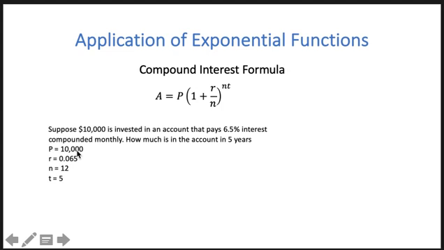That's our investment. The interest rate was 6.5%, written as a decimal, that's 0.065. N is 12 because it's compounded monthly. And T is our time in years, and it's 5 in this example.